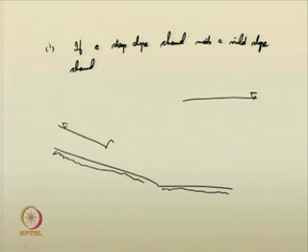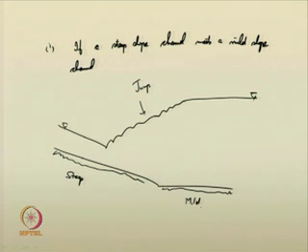So, here there occurs a sudden jump from the supercritical depth to the subcritical depth of the mild slope channel. This is a hydraulic jump. So, the supercritical depth in the first channel changes to subcritical depth in the second channel.